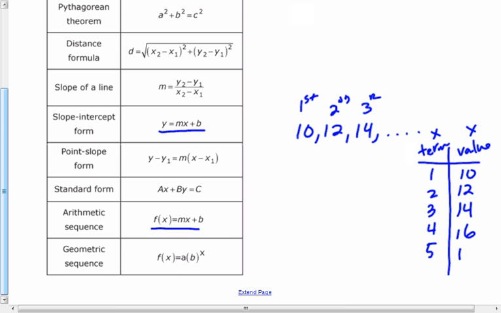To use this formula, all we need to do is figure out what the slope is, and the slope is just the difference in the values. In a sequence, it's just the difference between the numbers. That's the slope, so m equals the common difference.